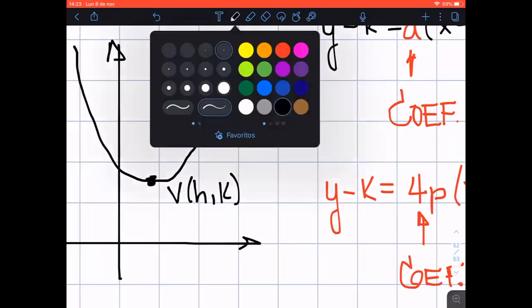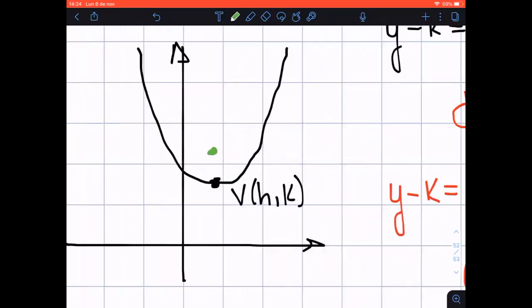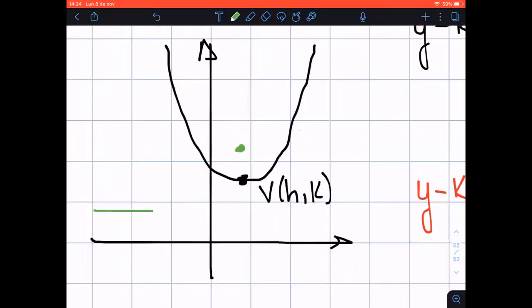And let me introduce you to two new concepts here. The new concepts are, we'll have a point inside the parabola and a line outside of it, okay?